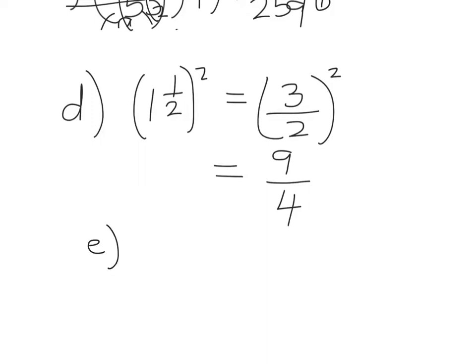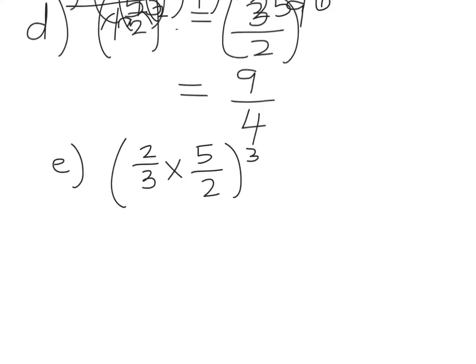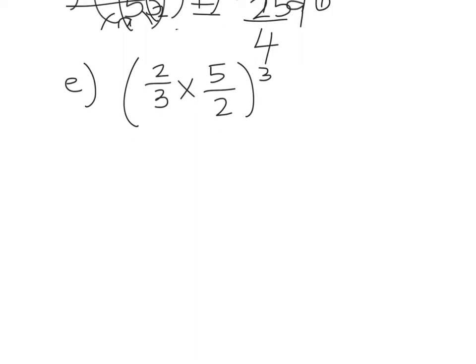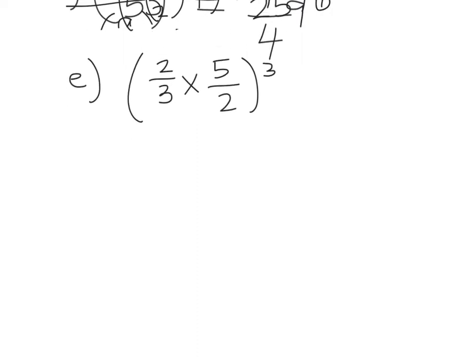Example E, 2 over 3 times 5 over 2 all cubed. So now what we have to do is we have to first simplify inside the bracket. So we have 2 goes into itself once and into 2 once.